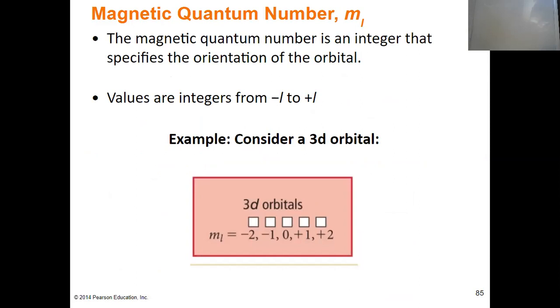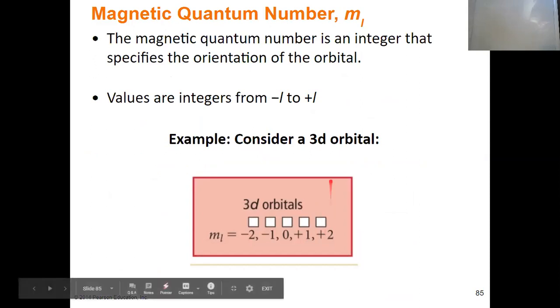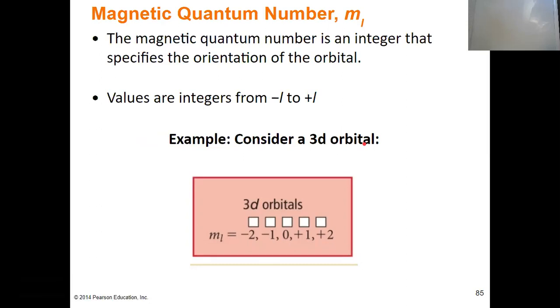Your third quantum number is the magnetic quantum number, which is m sub L. And your m sub L value can range from negative L to positive L. So, for example, here we have a 3d orbital.